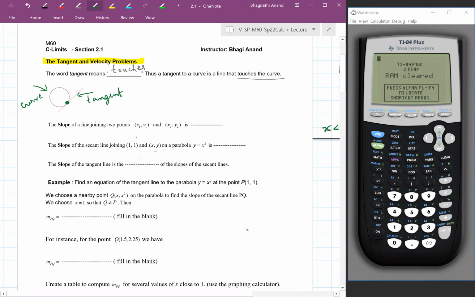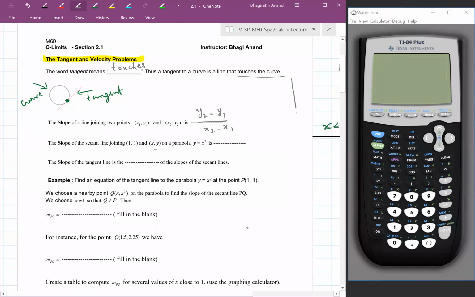The slope of a line joining 2 points, (x1, y1) and (x2, y2), from our algebra class is the difference in y coordinates over the corresponding difference in x coordinates. The slope of the secant line joining (1, 1) and (x, y) on the parabola y = x² is, so if you take the parabola y = x², and you take a point x and y = x², then x coordinate 1 means the y coordinate is its square.